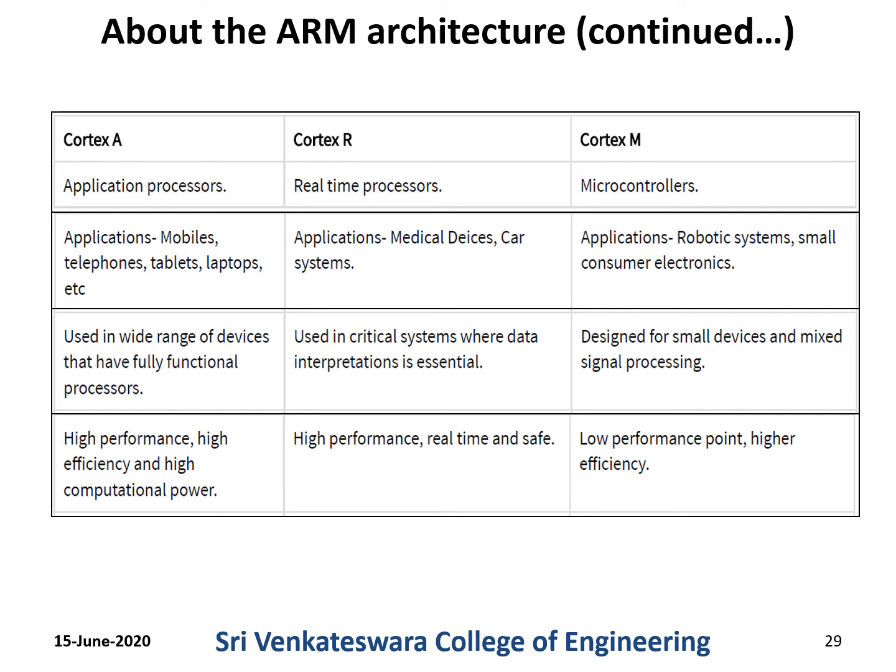Application processors are usually used in mobile phones, tablets, laptops, etc. Real-time processors are used in applications like medical devices, cars and systems. Microcontrollers are used in robotic systems and small consumer electronics.